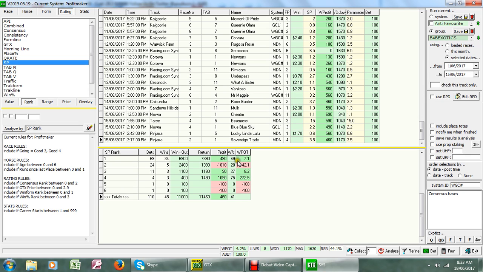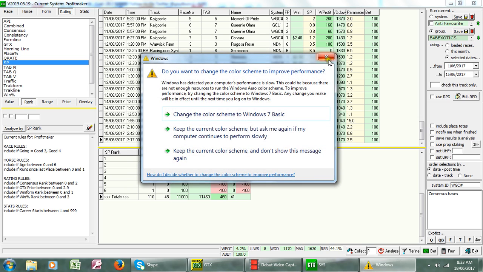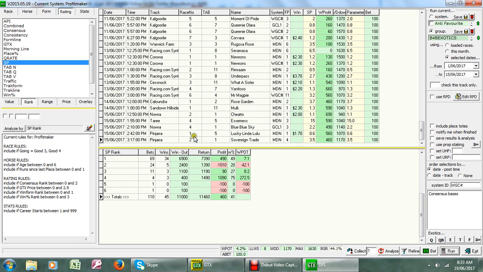That's a really, really good profit, 7%. And bear in mind that we were getting extra dividends on some of those other horses. For example, on this particular horse, Lucky Lindaloo, earlier in the betting I got $1.85. So that's another advantage. So that's a little bit of education for you in the program.